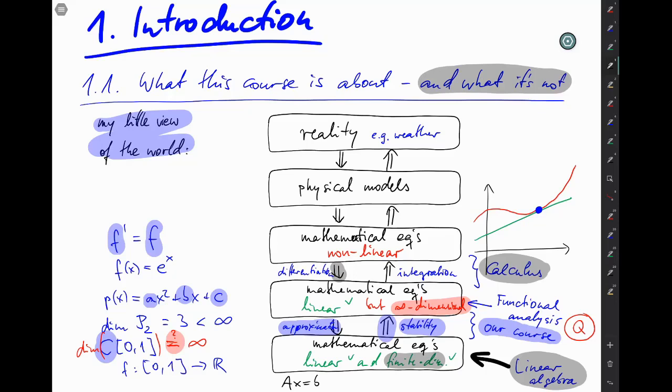What you would rather do, if you're really interested in solving these finite but huge dimensional problems, well, then you would end up in numerics. You would take a course by Sabine Le Born or Daniel Ruprecht or one of my other colleagues who work in numerics, and whose view of the world doesn't end at this point.